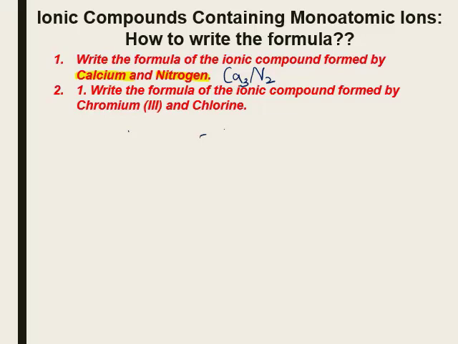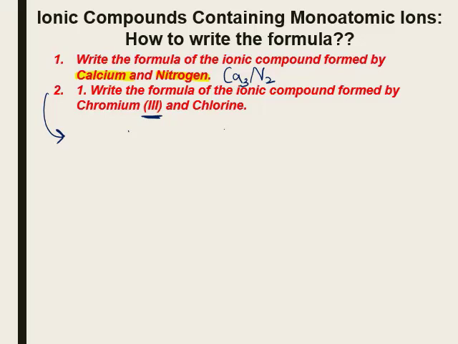In problem number 2, the metal is chromium, and pay attention to this Roman numeral, and the non-metal is chlorine. Now, the Roman numeral means, and you can also take a look at the position of chromium in the periodic table, we will find that chromium is a variable charge metal, and the 3 in Roman numeral 3 represents that chromium has a 3 positive charge.